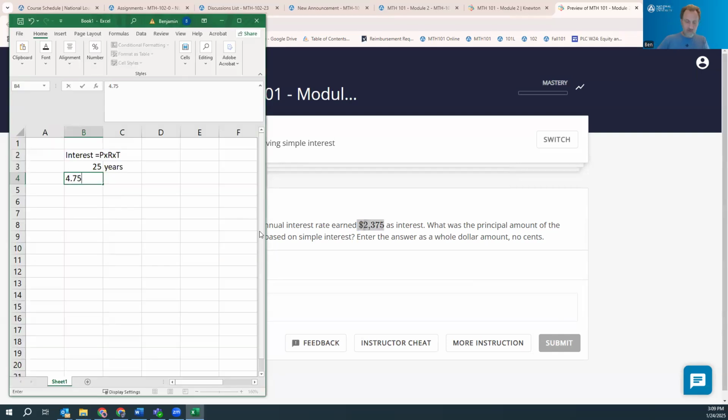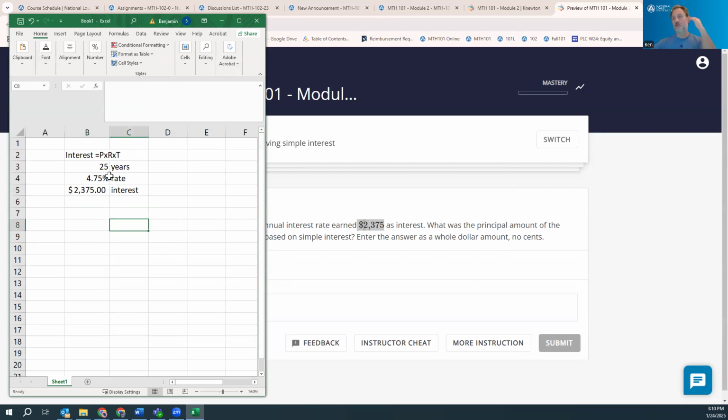By the way, I'm going back and forth using Alt Tab on a Windows, and it would be Command Tab on a Mac. It's a very useful tool so that I can quickly switch back and forth between one application and another. And this is interest, and it's money. So just do a quick formatting there. Although notice that when I do that, I lose a lot of the buttons here.